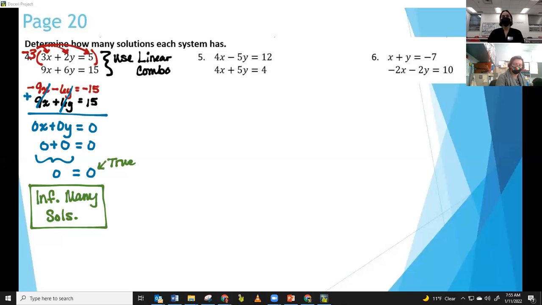Let's look at number 5. Do you guys want to use the substitution method here or the linear combination method, the one where we multiply and cancel, or the one where we get a y or an x all by itself?